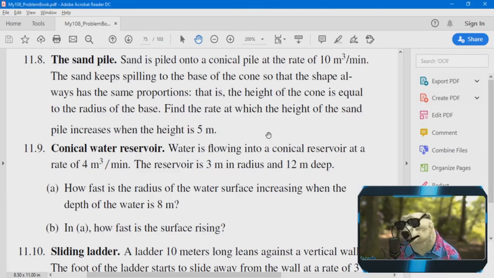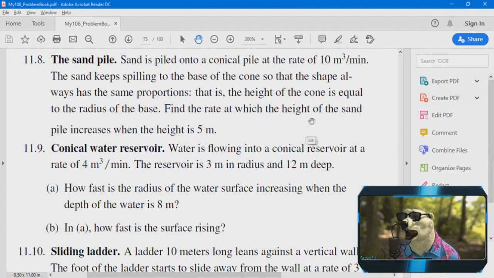The sand keeps spilling to the base of the cone so that the shape always has the same proportions. It's a cone, and the height of the cone is equal to the radius of the base. So the height is the same as the radius. So it's a pretty flat cone because the sand keeps falling and sliding down.